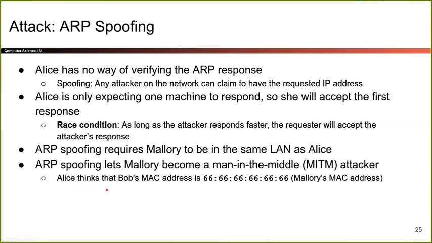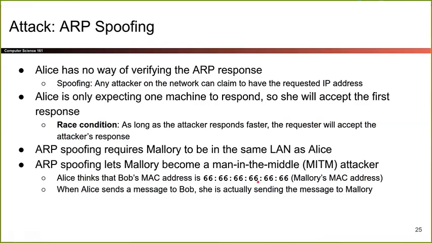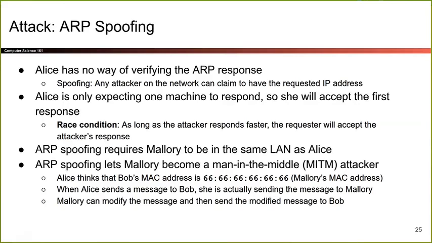Because now Alice thinks that Bob's MAC address is this, which is Mallory's MAC address. So if Alice ever sends a message to Bob, where does it go? It actually goes to Mallory because of this malicious answer. So Mallory gets every message meant for Bob, and she can receive it, tamper with it, change it, delete it, or do whatever she wants, and then forward the modified message to Bob. So this lets Mallory become a full man in the middle.